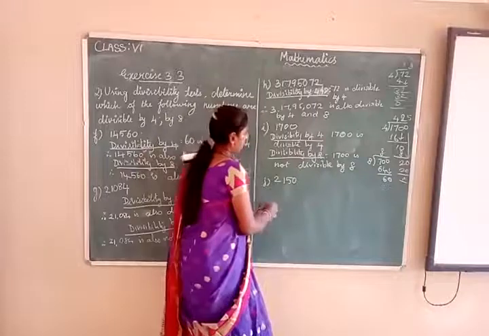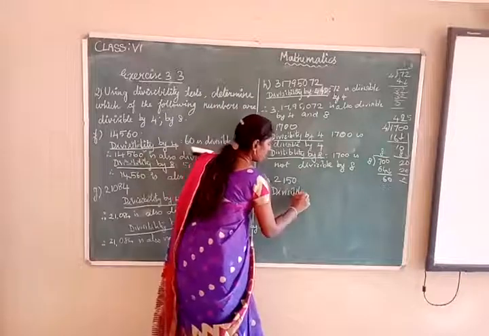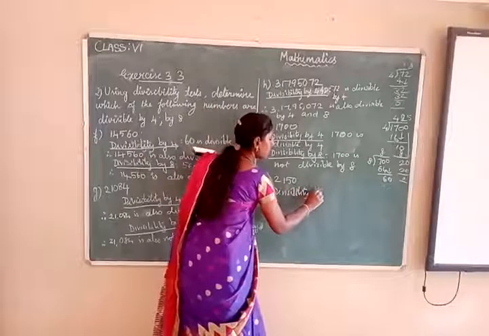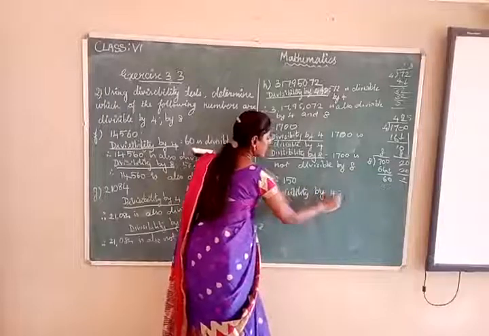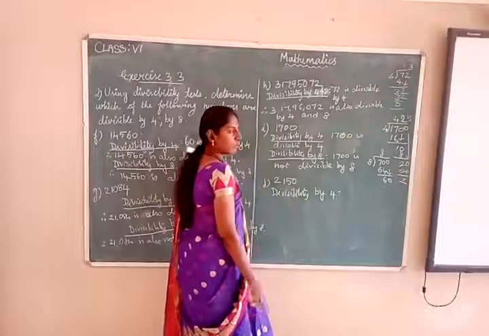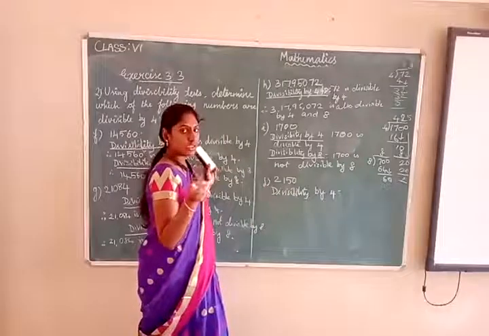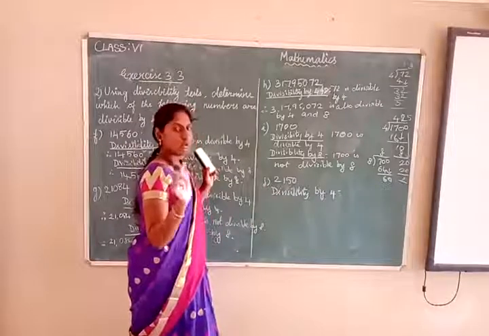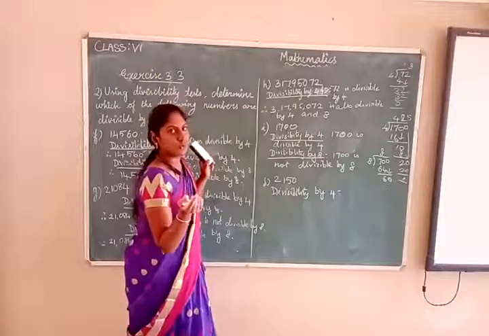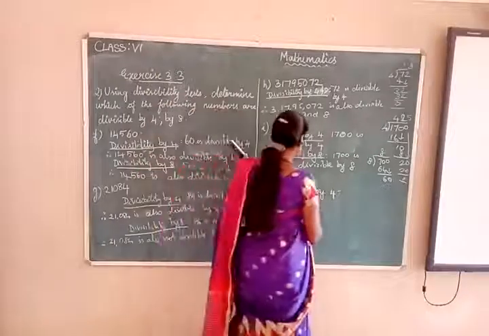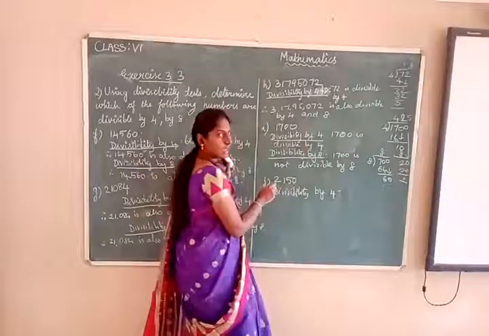Okay. 2150. Divisibility by 4. Are the last 2 digits divisible by 4? No. 4 10s are 40. 4 11s are 44. 4 12s are 48. And 4 13s are 52. Is it clear? So here 50 will not come in the 4 table.